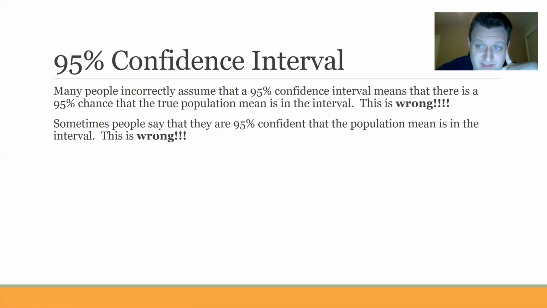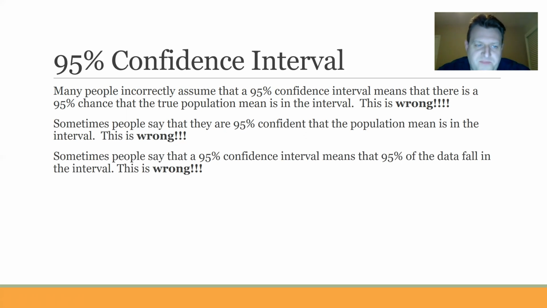I have seen some statistics classes that teach this interpretation, so it's bad. What does it mean if you're 95% confident? I don't know. You can be 100% confident and be wrong all the time. You can be 15% confident you've got the correct answer, and you could have the correct answer much more than that. So I don't know what this is actually getting at. This is the incorrect interpretation.